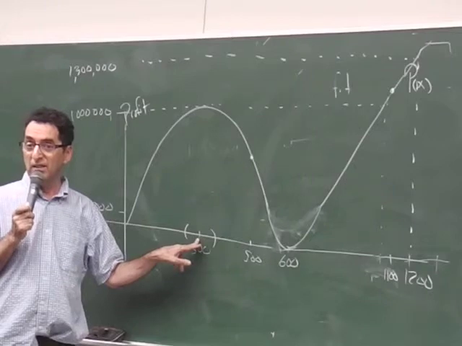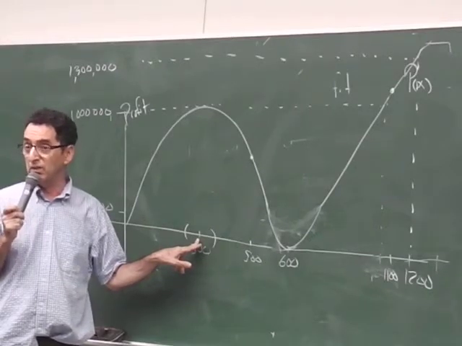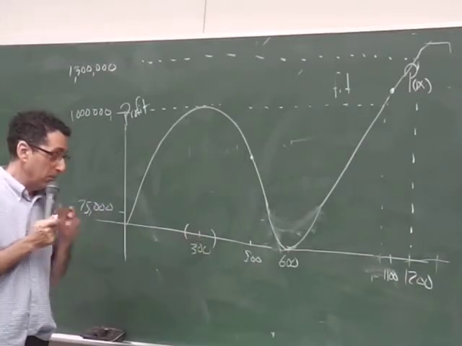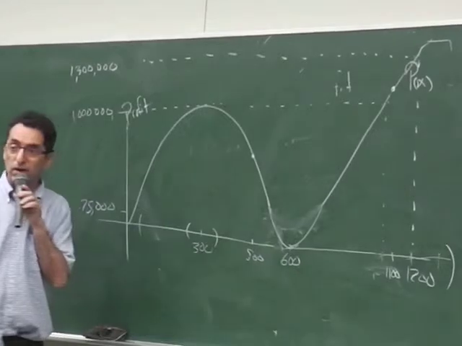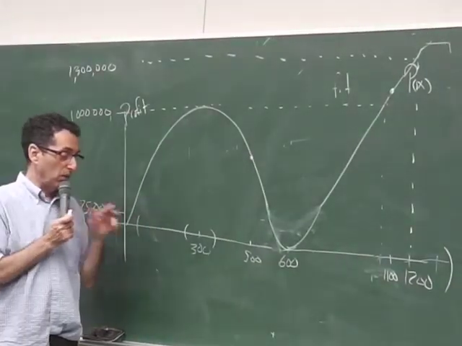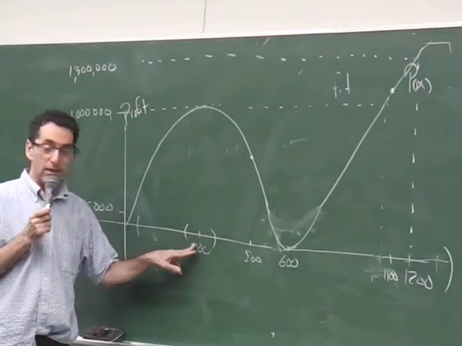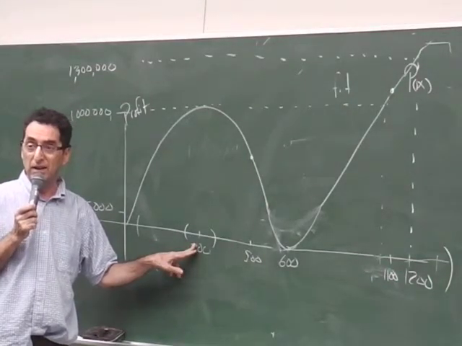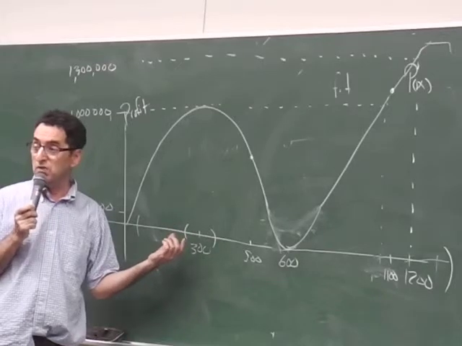So there exists an interval. It doesn't mean every interval, because if I take this interval, it's not true. In that interval there's a higher value than there is at 300. But we can draw some interval where it's true.